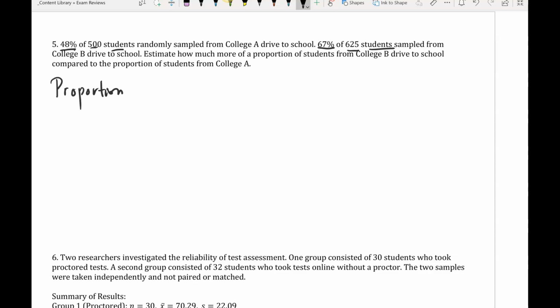But I also want to notice that I've got a group of 500 students here, and I've got a group of 625 students here, and so hence I've got two samples. So this tells me that I'm going to be running a two-sample proportions test.